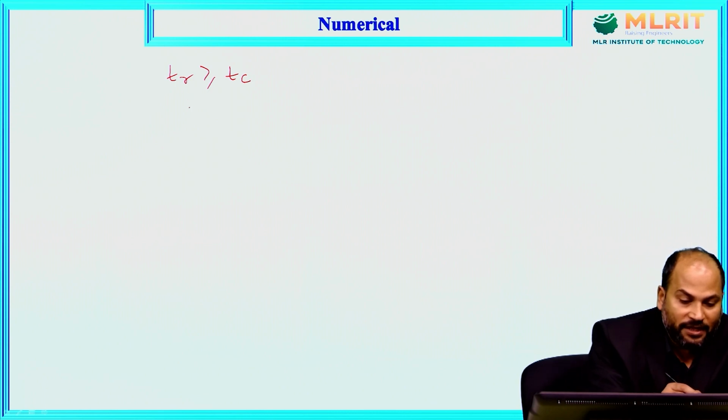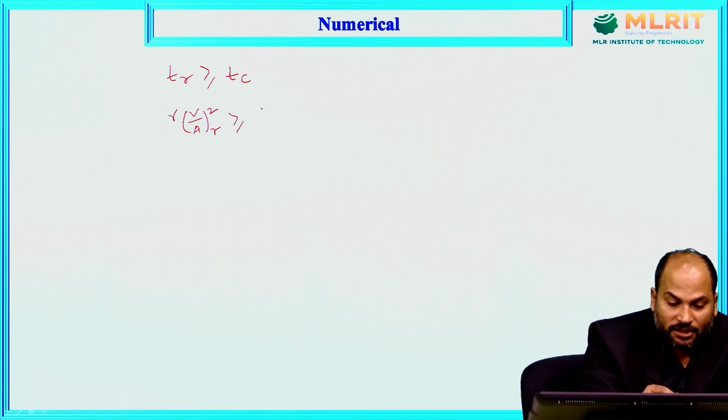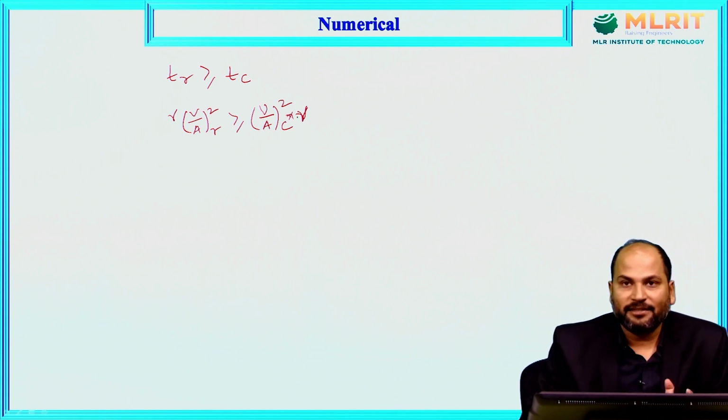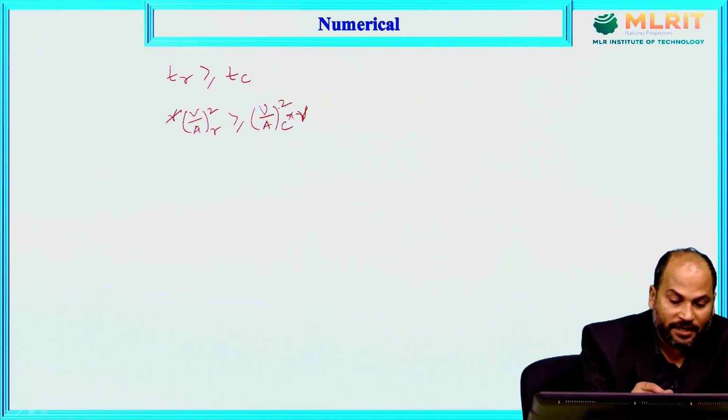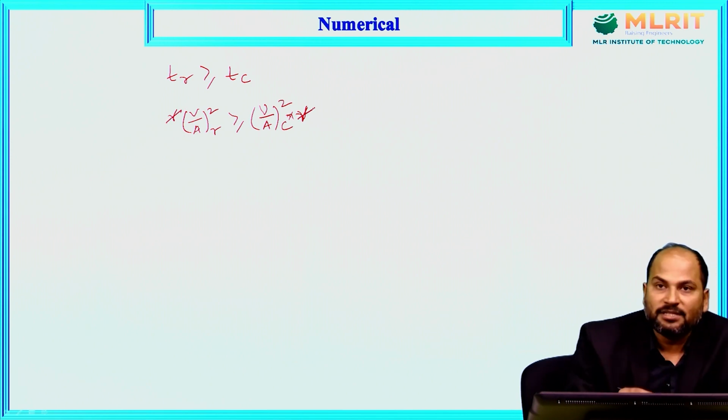So this T_R we can write as a constant gamma times volume upon surface area of the riser, squared. This should be greater than or equal to volume upon surface area of the mold cavity, squared, into gamma, which is constant. As the material is the same, we are working with aluminum, this gamma will be cancelled from both sides, because it depends upon the material.